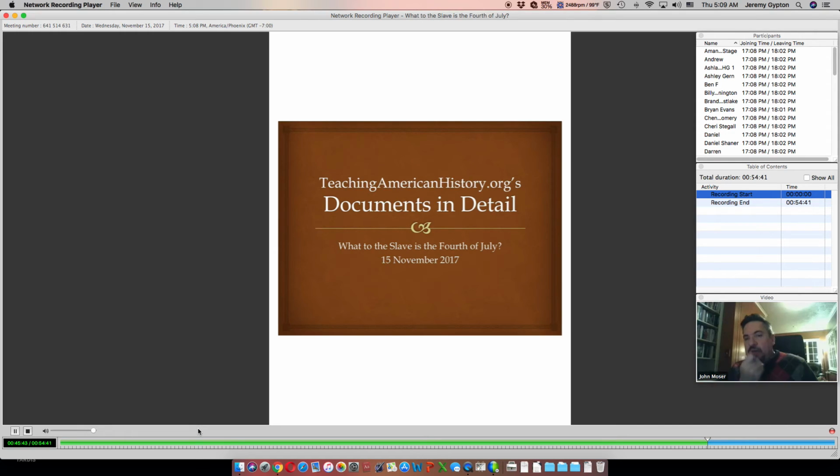Now, I'd like to ask more about Douglass's relationship to the Garrisonians. In his Glasgow speech of 1860, he obviously is spending most of his time defending the Constitution.